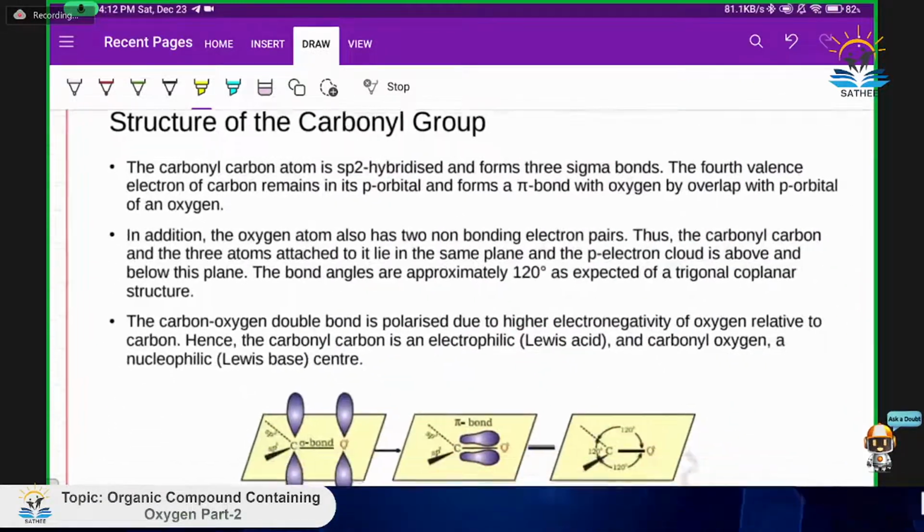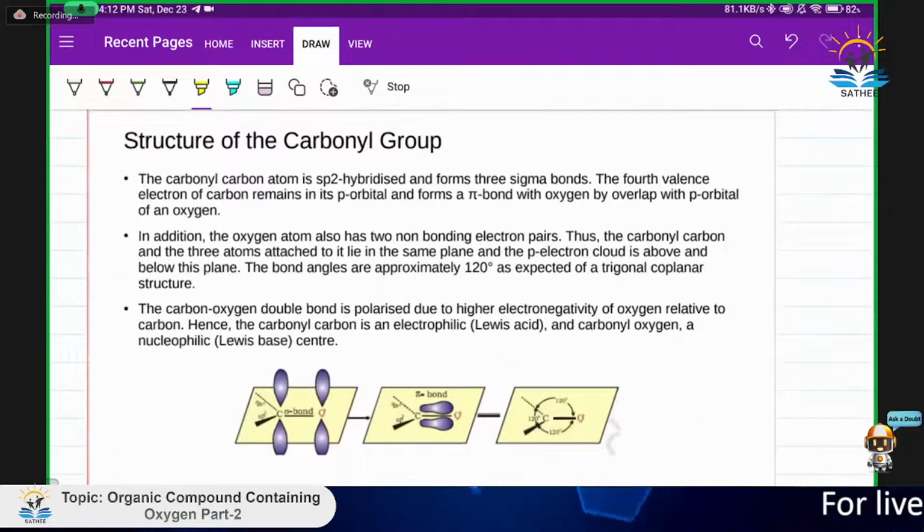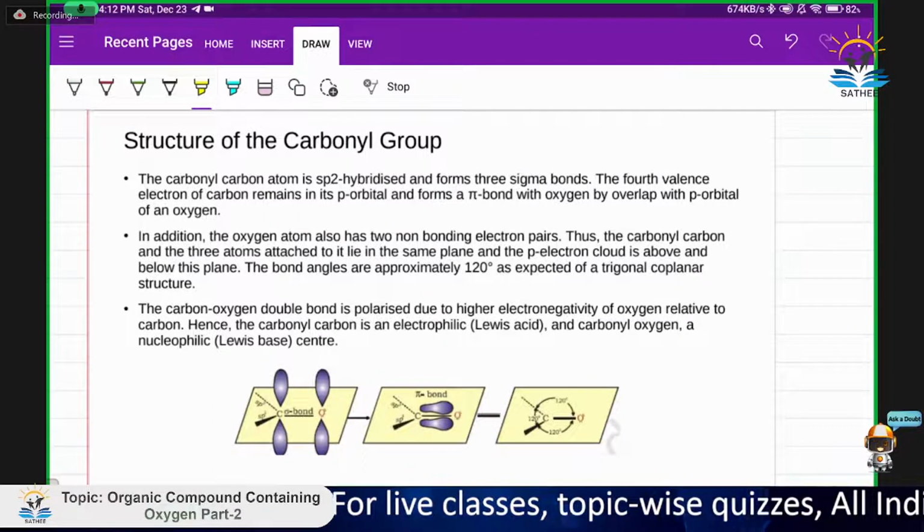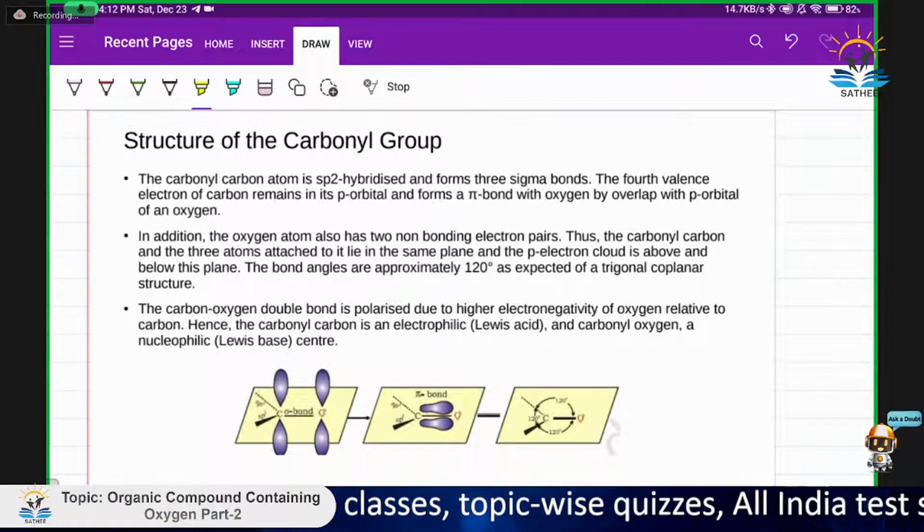Now, the structure of the carbonyl group. The carbonyl carbon atom is sp2 hybridized and forms 3 sigma bonds. The fourth valence electron of carbon remains in its p orbital and forms a pi bond with oxygen by overlap with the p orbital of an oxygen atom.